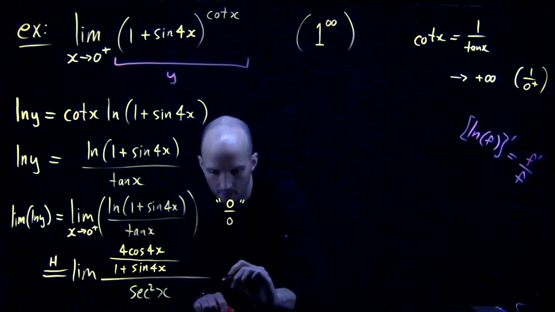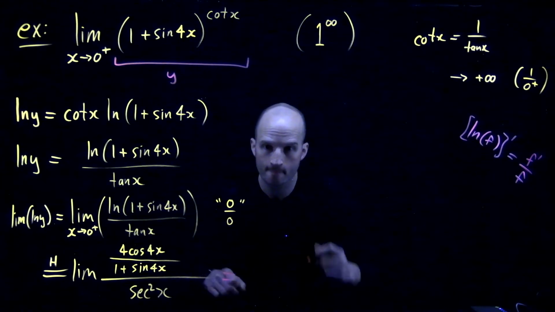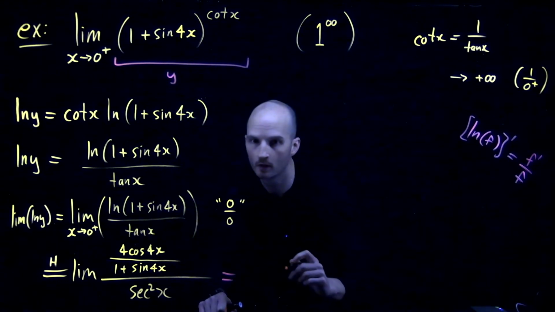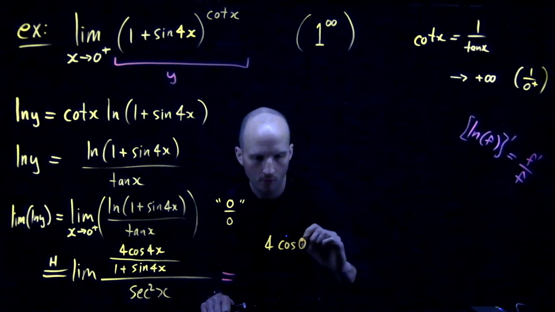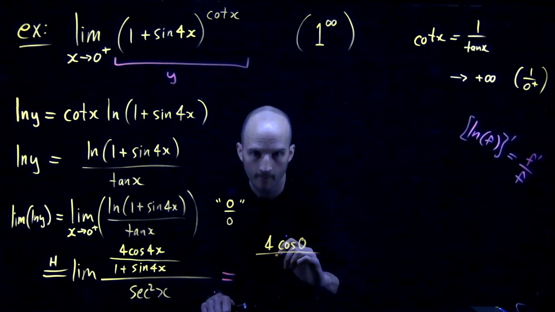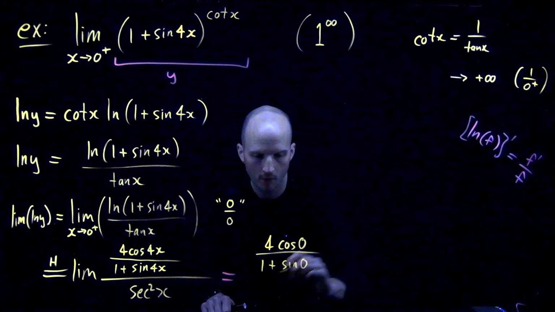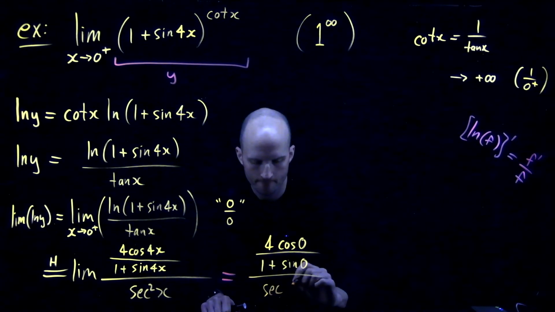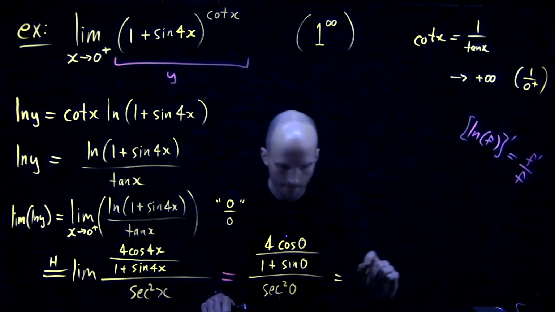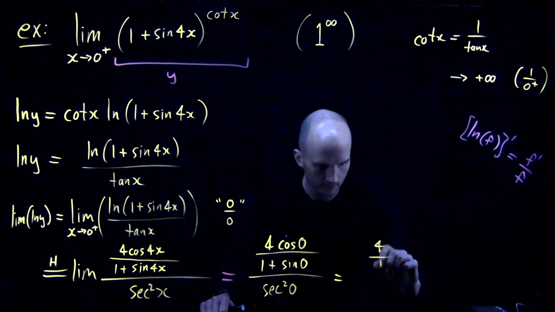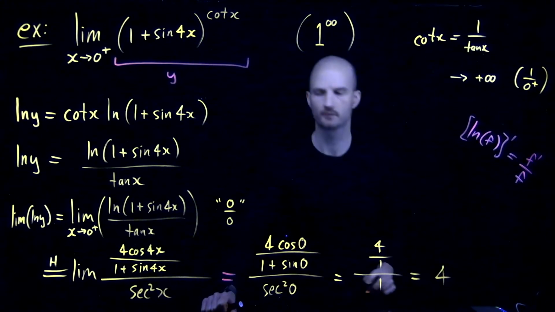I can just directly substitute x is 0, and that is 4 over 1 over 1, which gives me just 4.